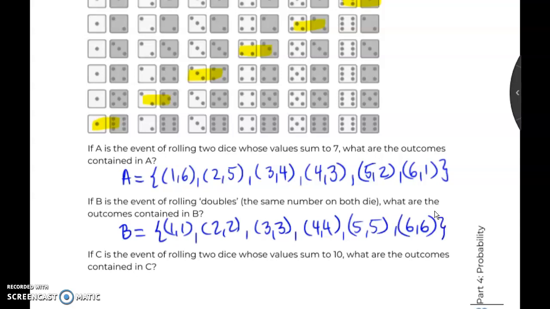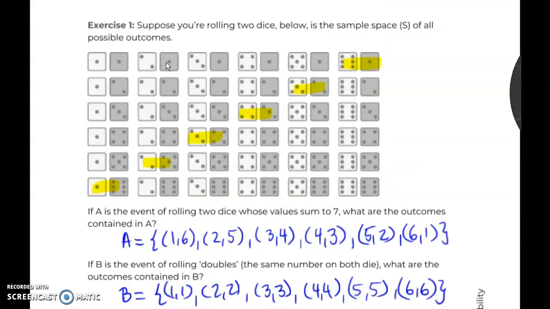Each of these outcomes is only there once, so no need to write it twice. If I want to highlight this on my graph up here, I'm going to look at 1-1, 2-2, 3-3, all my diagonals going the other way.